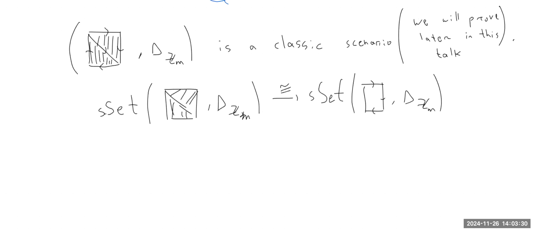Because a map phi from any X to delta zm is determined by phi 0.